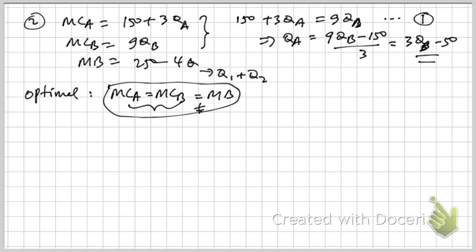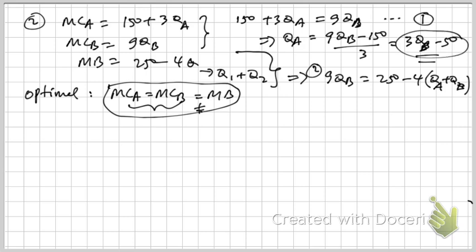Now from these two equations we can also get 9qb equal to 250 minus 4 times q1 plus q2, or qa plus qb, and this is our second equation, but we are going to substitute this expression into qa, into this expression.